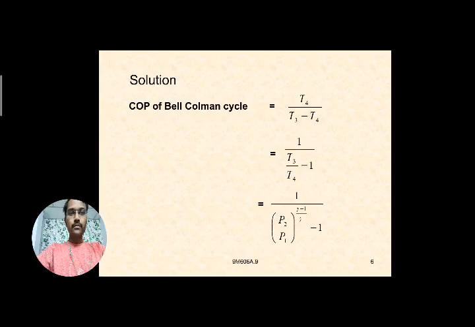So T3 by T4 is also equal to P2 by P1 whole to the power of gamma minus 1 by gamma. Okay, it can be written like this. From the known data, we know the P2 by P1 pressure ratio value is 5 and the gamma value is given.